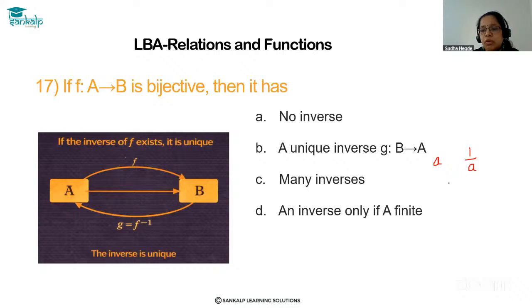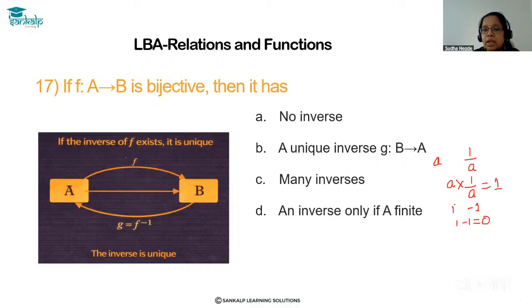What's the condition for inverse? a into 1 by a must be multiplicative identity, correct? Or if you take additive inverse, for 1 you have minus 1 is the only inverse, correct? Because 1 minus 1 is equal to 0. So always, whichever the case, function or any element, if inverse exists, it must be unique.